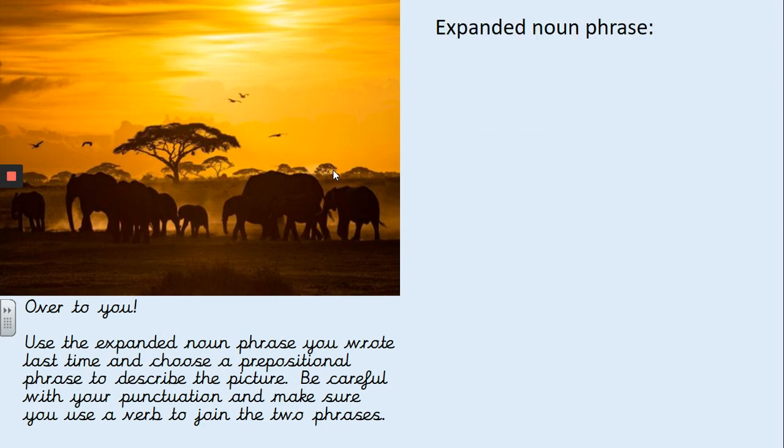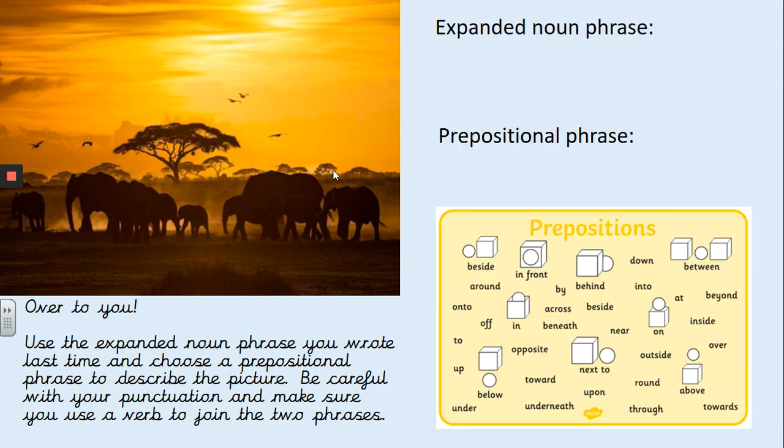So our next picture, use your expanded noun phrase from yesterday, prepositional phrase. So pause now, write your prepositional phrase. Okay, hopefully you've got both of those written now. So now you need to join it into one full sentence using your verb. So I might be talking about the elephants, where are they going, or the birds, what are they doing? Lots of different things you can describe in here.